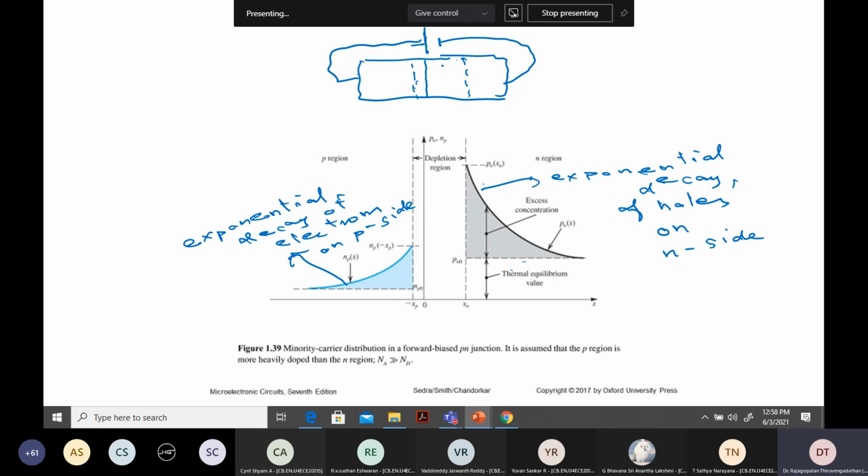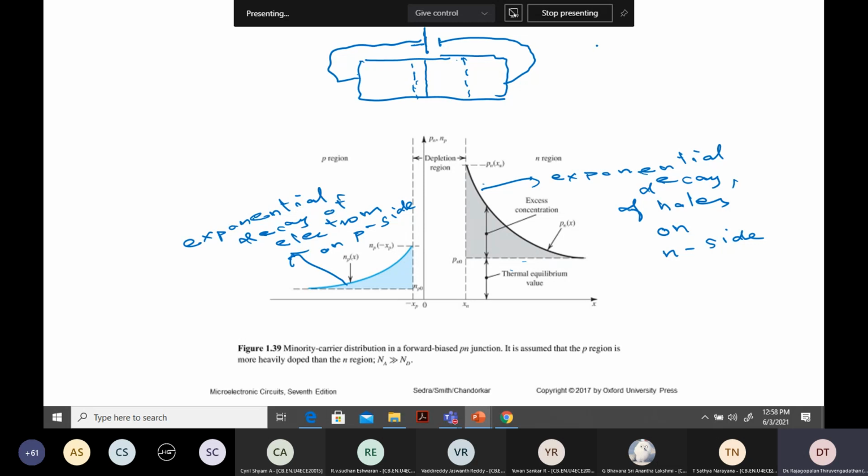Therefore, the decrease in the holes deeper into the N side will be supported by an equal amount of increase of the electron diffusion current from right to left. The conventional current is always from left to right. So keep that aspect in mind.